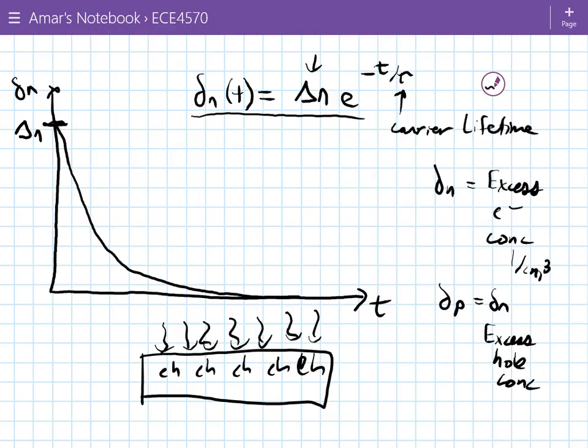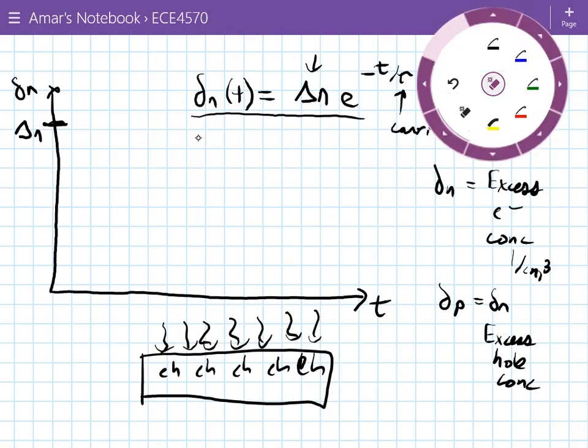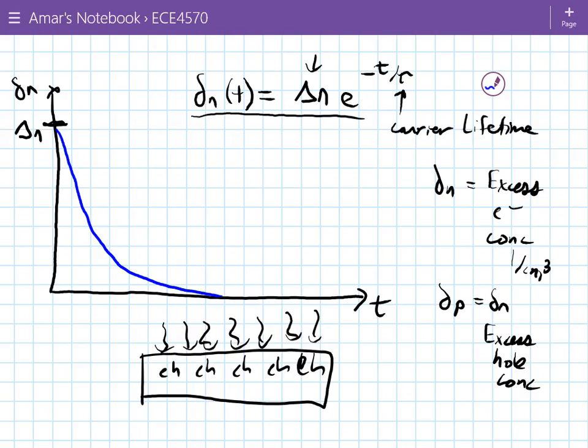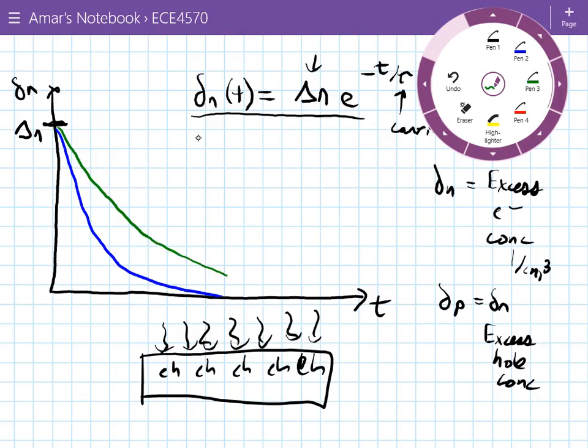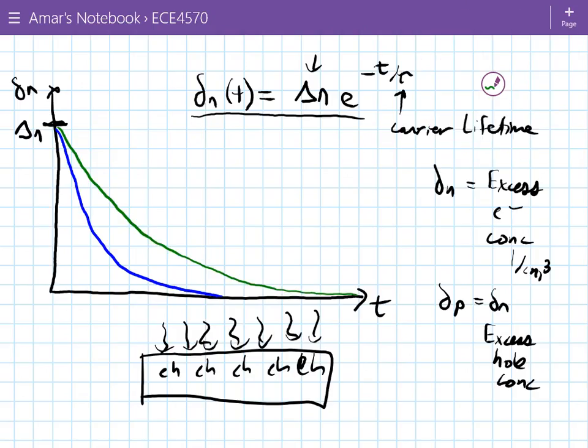I'm going to draw 2 plots here. I'll draw one in blue and one in green. Which one of these has a larger carrier lifetime? Green.